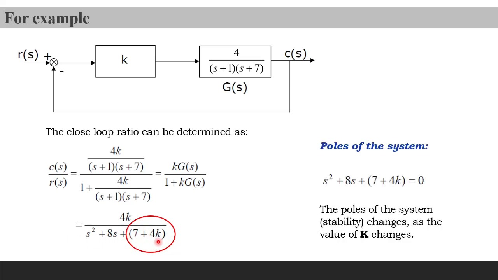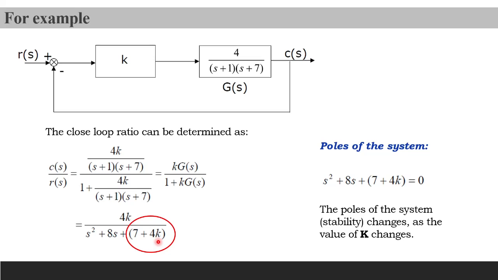And if I change the values of k for a particular range, let's say from 0 to infinity, or whatever range you want to select, the values of the poles are continuously changing. So this leads us to a very important conclusion: by varying the values of k, we can change the behavior of the system.